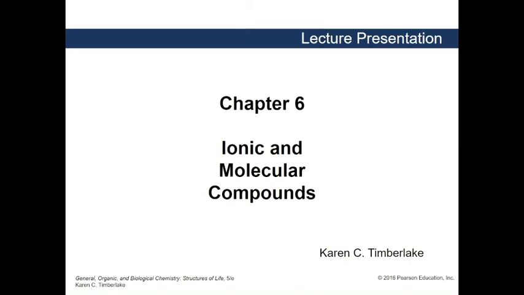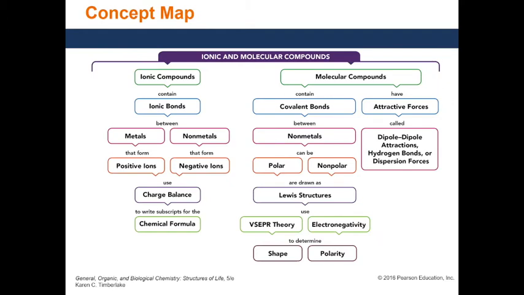In this video, we'll continue with chapter 6, and now we will be majorly focusing on molecular compounds. So we saw in the previous video that compounds can be divided into ionic compounds, which contain ionic bonds, and these bonds are usually formed when it consists of a metal and a non-metal bonded together.